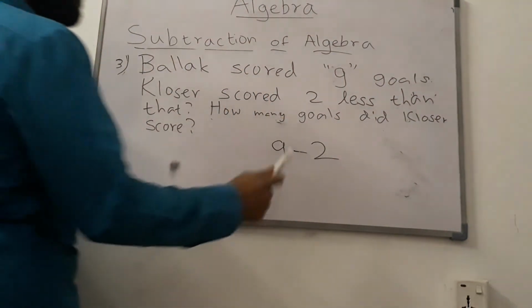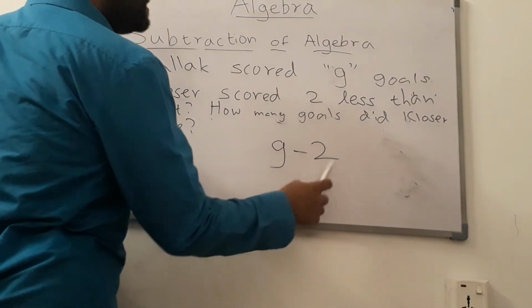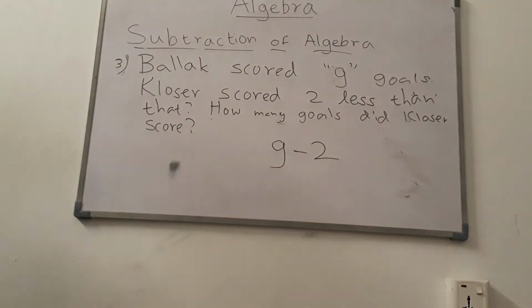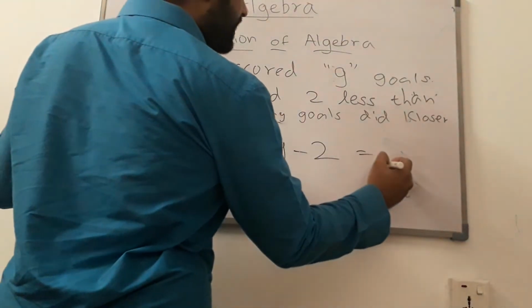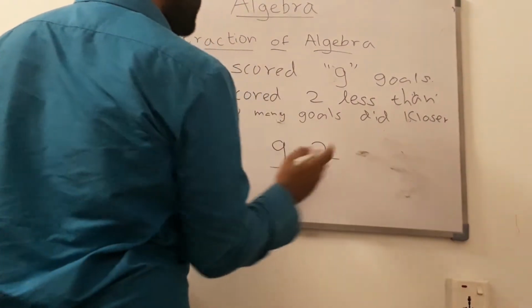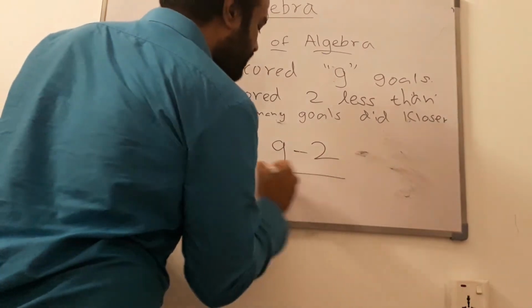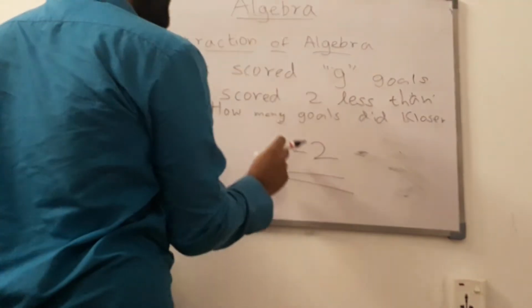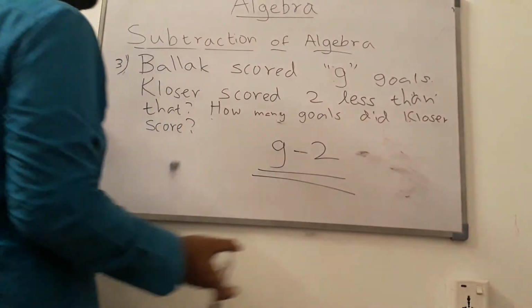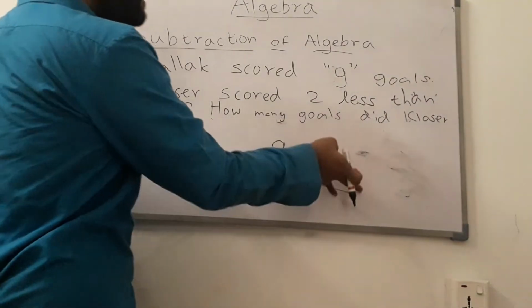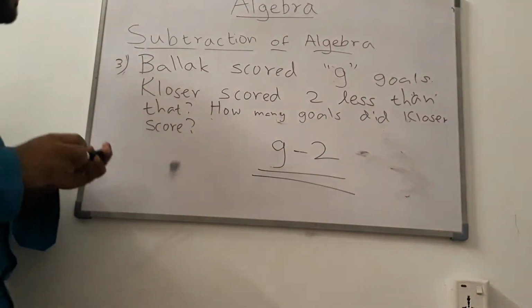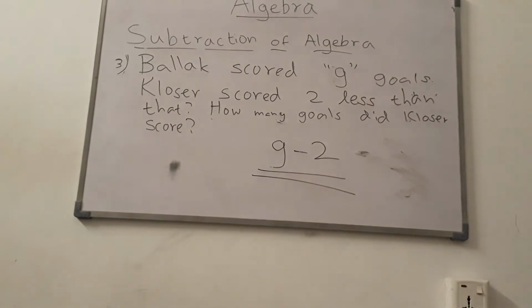Simply, this is the final answer itself. Only the expression itself is the answer. So D minus 2 itself is the answer. 2 less than D means D minus 2. More than that we can't simplify because one is an algebraic term, the other one is a number term. So the answer is D minus 2.